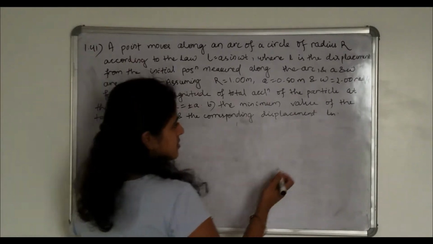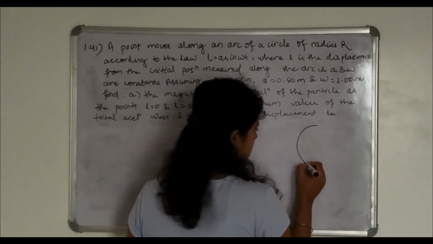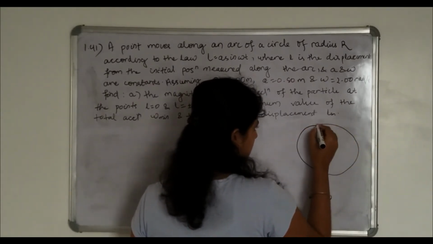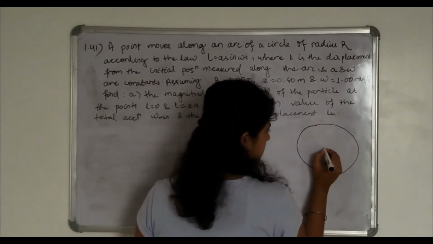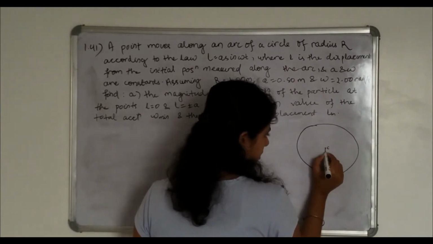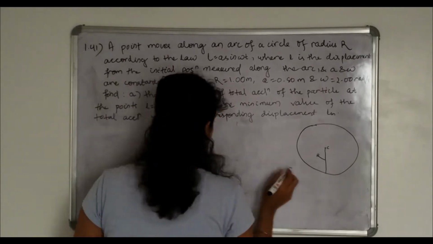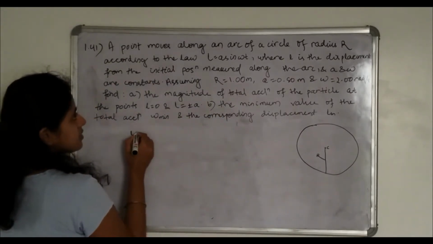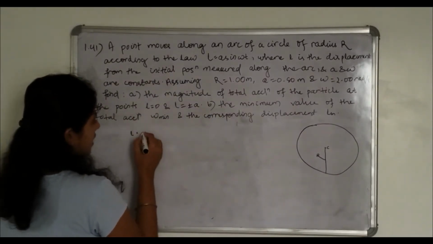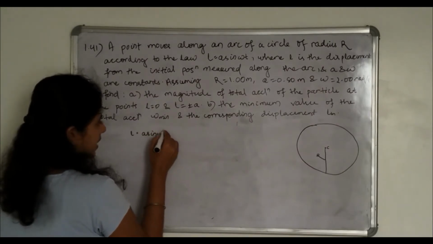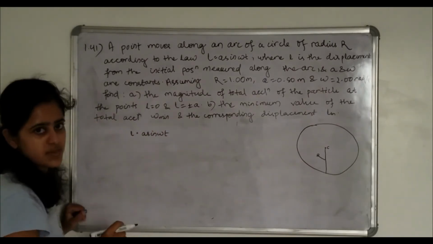Okay. So according to the question, the point moves along the arc of a circle. Let us say this is the center of the circle. This is radius r. Okay. So according to the law, L is equal to a sin omega t, where L is the displacement.